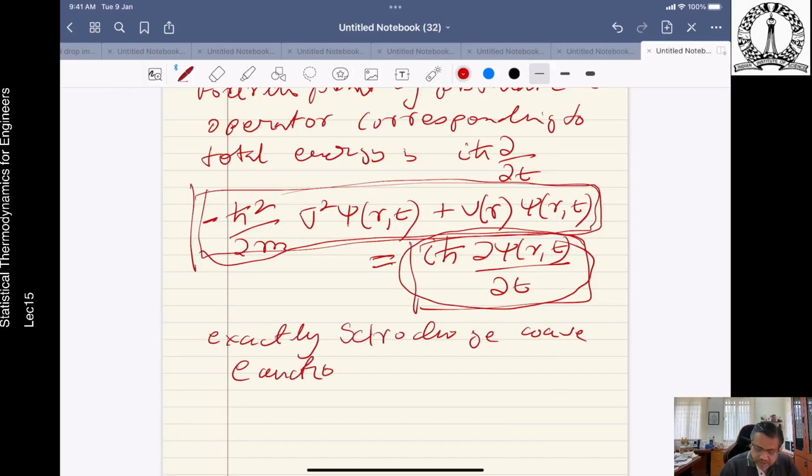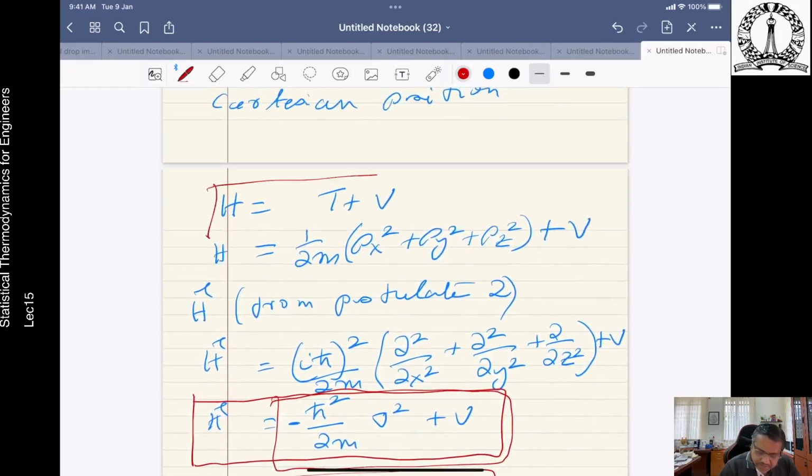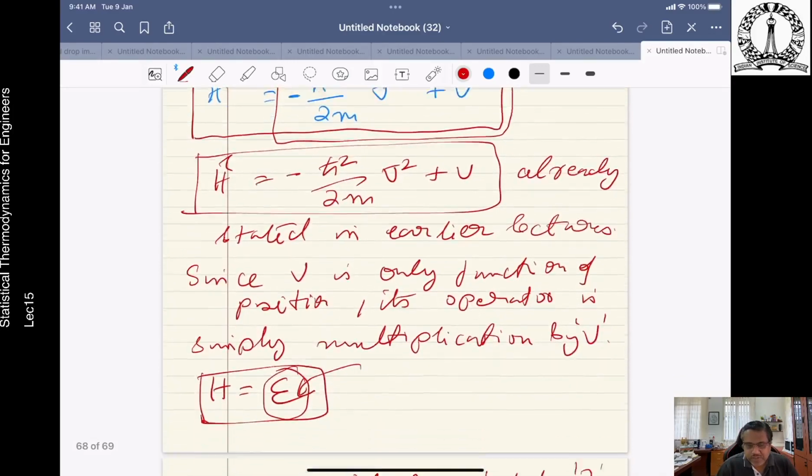But how have we done it? We have done it from the energy conservation. We started with this, so that is the energy conservation that we said.